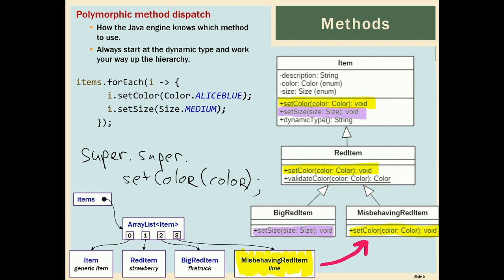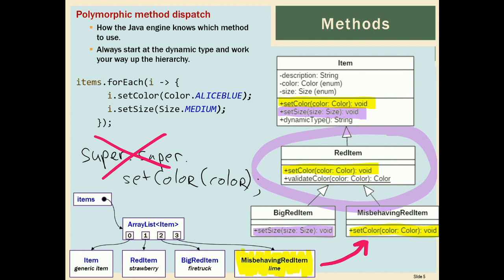Java will not let you do super.super. And the reason Java will not let you do that is because it violates the encapsulation of objects. I mean, we went to a lot of trouble to build ourselves a red item, and the red item said you must be red.